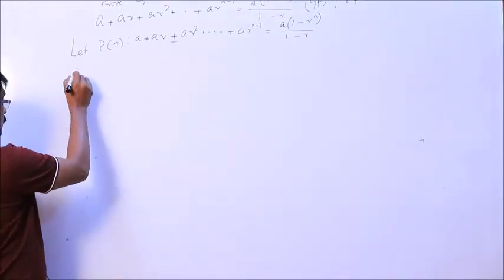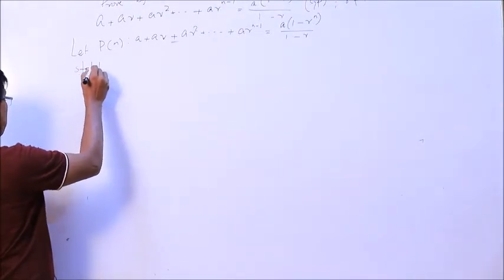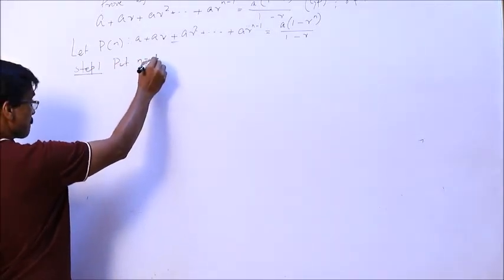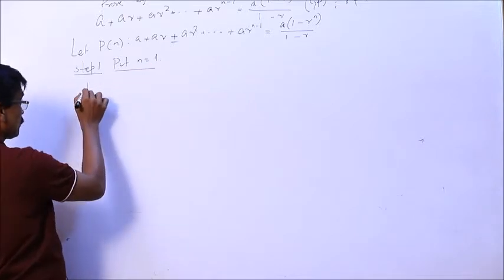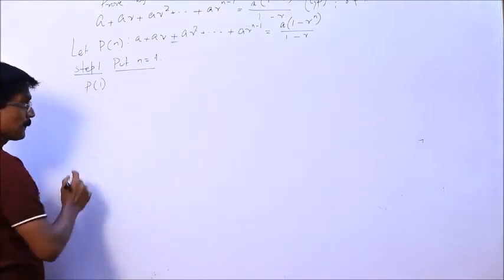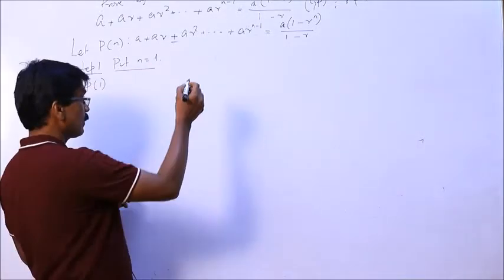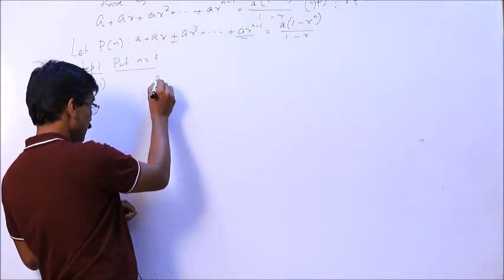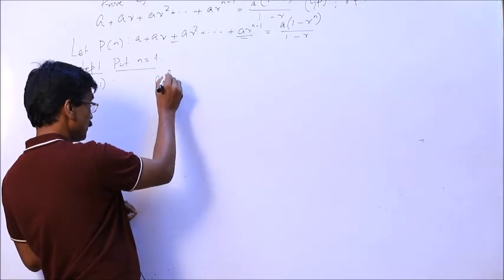So, first step is put n is equal to 1. So, P1, if we put n is equal to 1, then P1 is A R to the power 0, that is A.